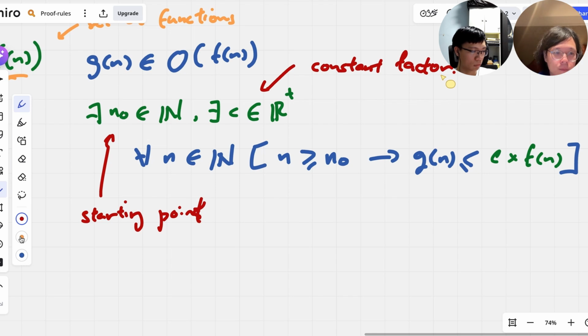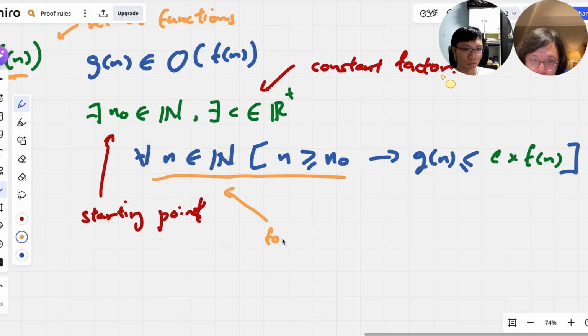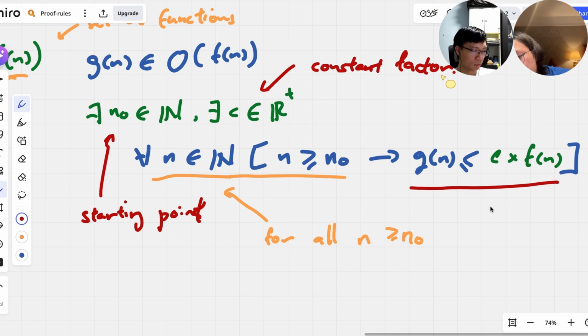I'm going to combine these two parts together. For all n greater than n0, we must have that g(n) is smaller than the constant factor multiplied by f(n).